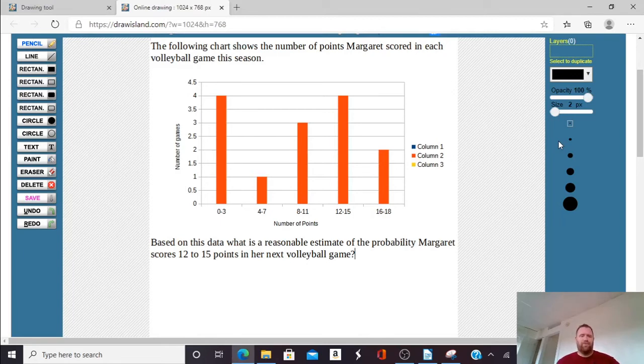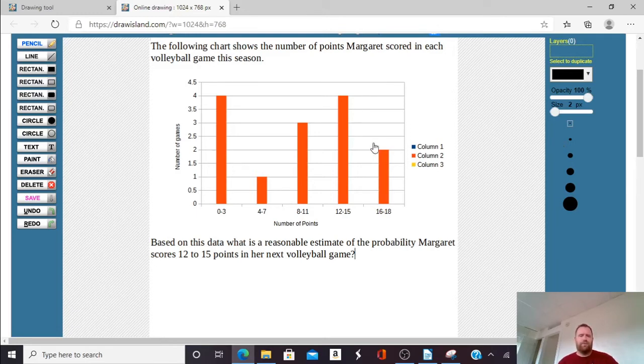Okay, on to example 4 of experimental probability. Let's take a look at this one. The following chart shows the number of points Margaret scored in each volleyball game this season. Based on this data, what is a reasonable estimate of the probability Margaret scores 12 to 15 points in her next volleyball game?